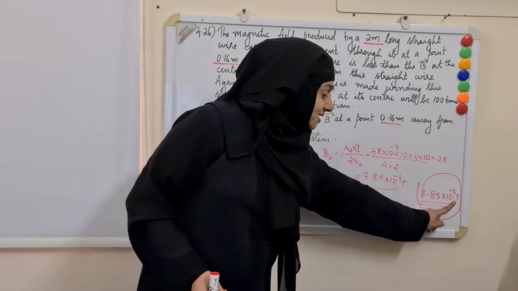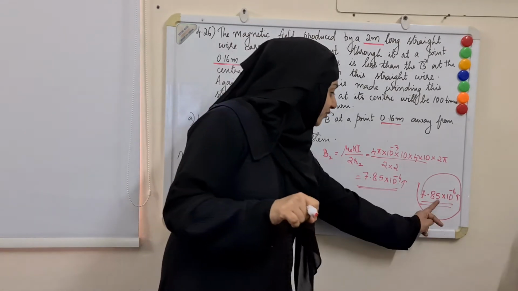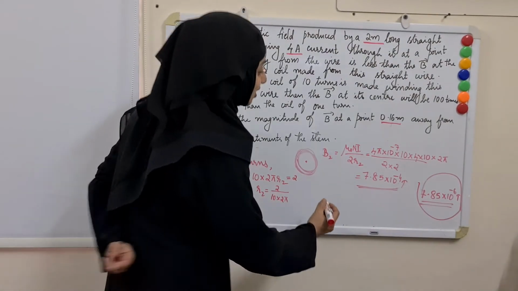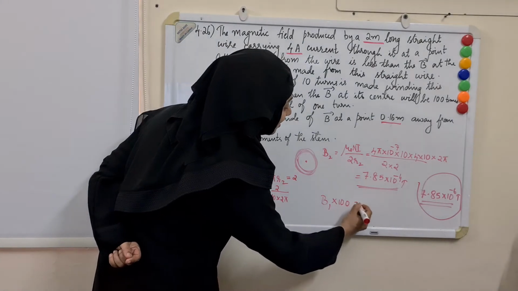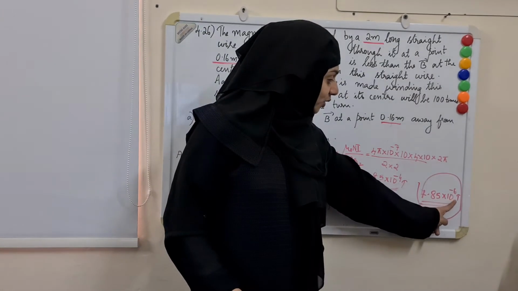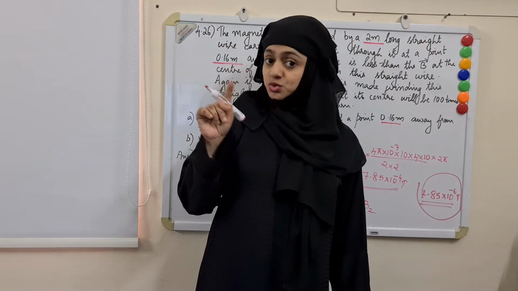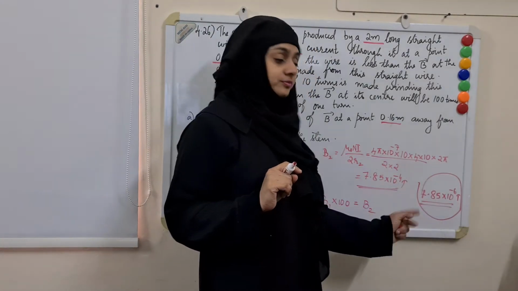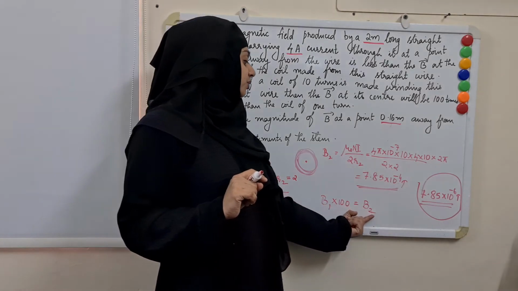So we know that 10 raised to minus 6 into 100 will give you 10 raised to minus 4. So we got that B1 into 100 will give you B2. 100 means 10 raised to 2, so you will get 10 raised to minus 4. So you have B1 into 100 will give you B2.